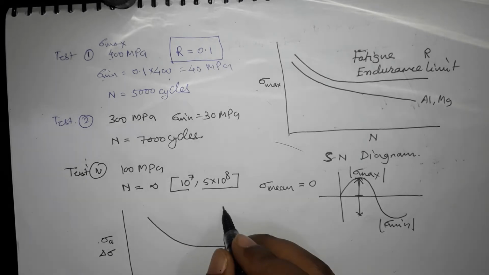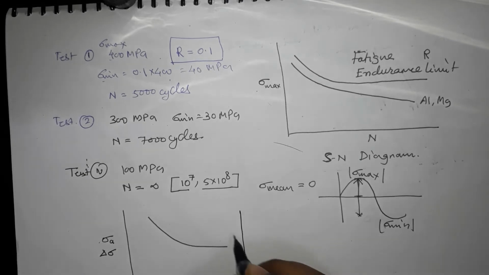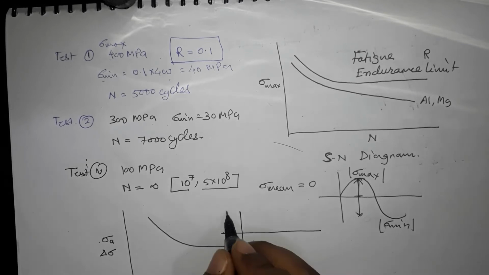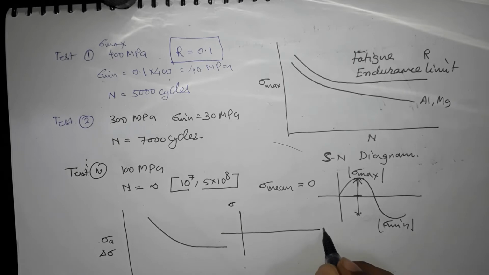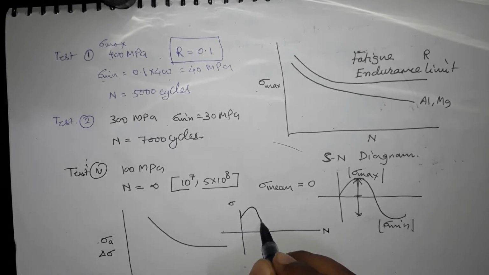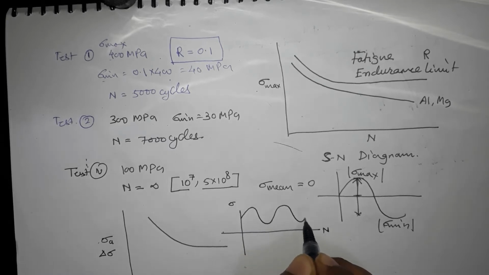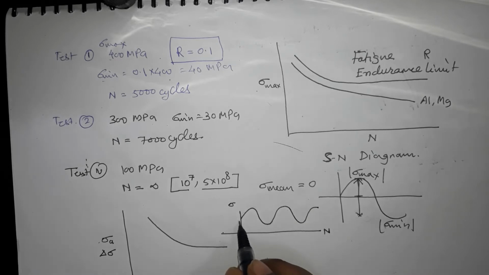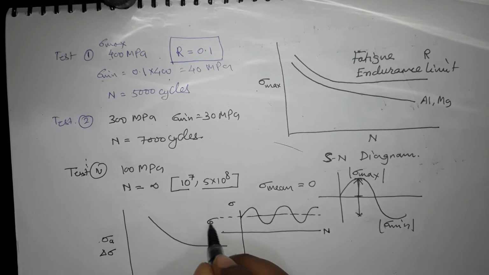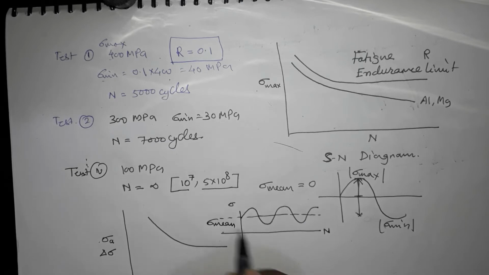Okay, so if you don't have complete reversal of cycle, so if this is my stress versus number of cycle axis, then if you have something like this, so the mean stress is here, right, and this is non-zero.